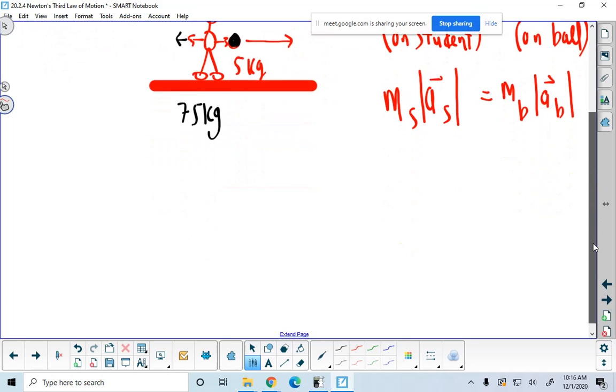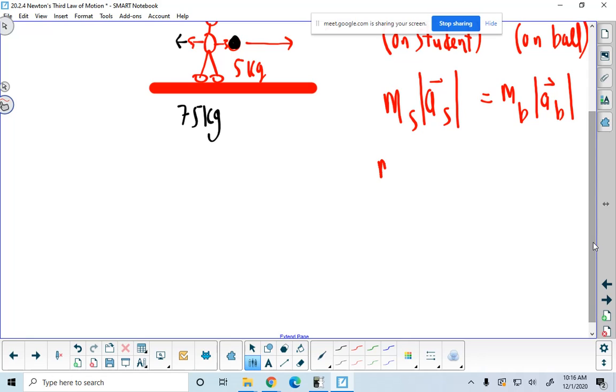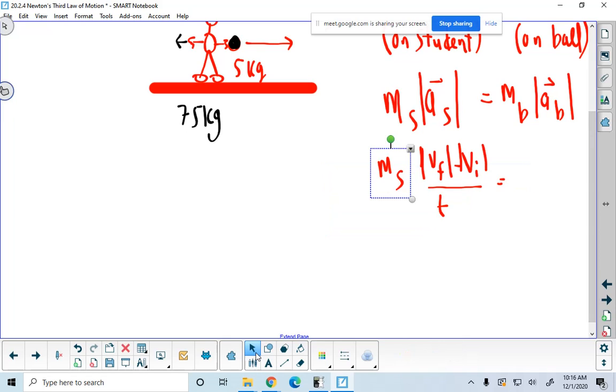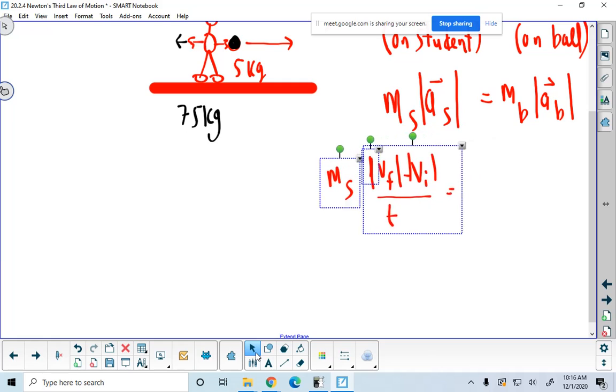Now how does that help us? Well, acceleration is vf minus vi over t. So on the left-hand side, that's the student. I'm not going to write subscripts in all of this because it just gets too cluttered.